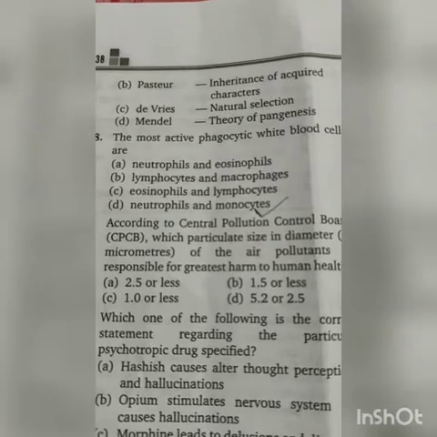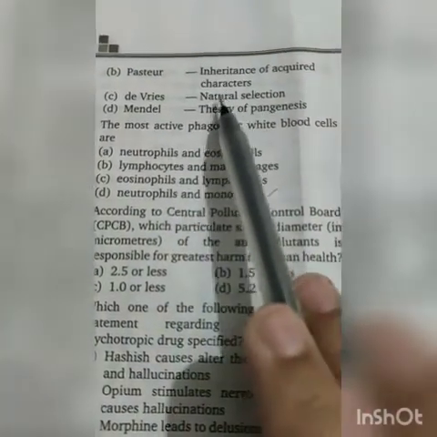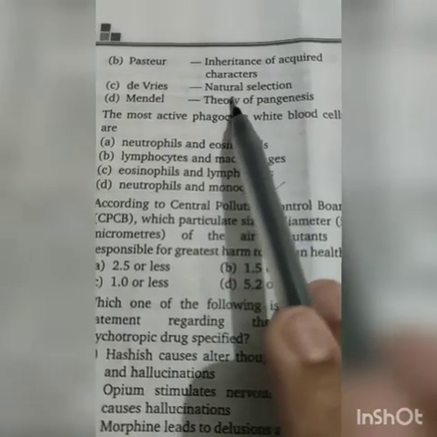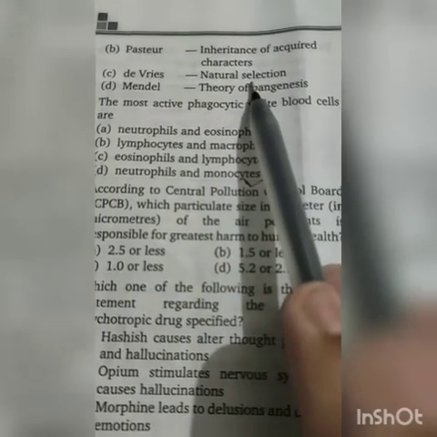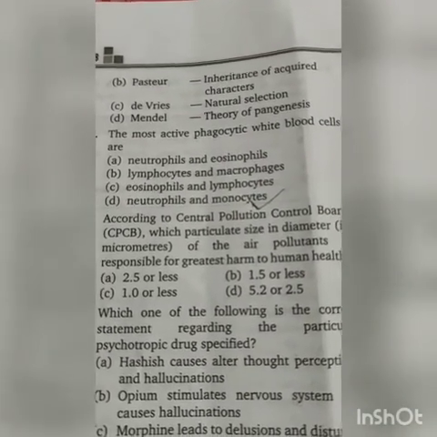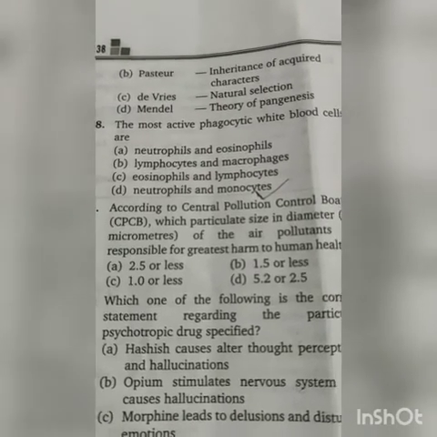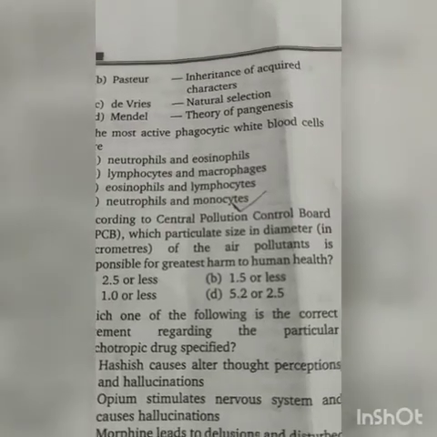Here it is given De Vries, natural selection. We know that natural selection was given by Charles Darwin, and De Vries, its full name is Hugo De Vries, gave mutation theory. Mendel, we know that he is the father of genetics, and theory of pangenesis was also given by Darwin.